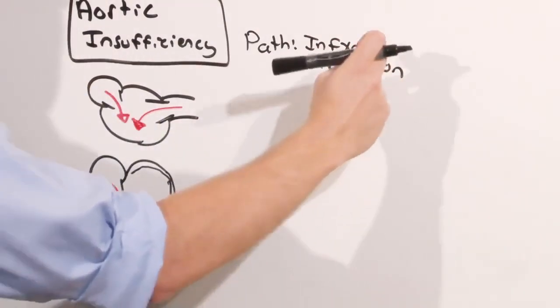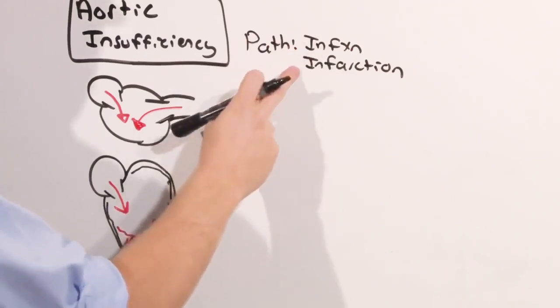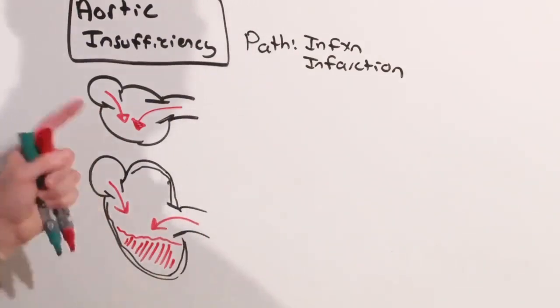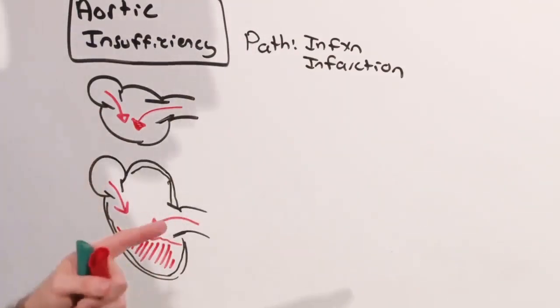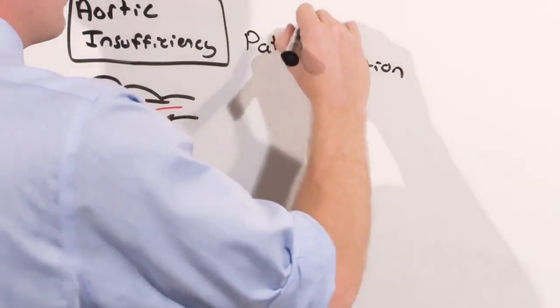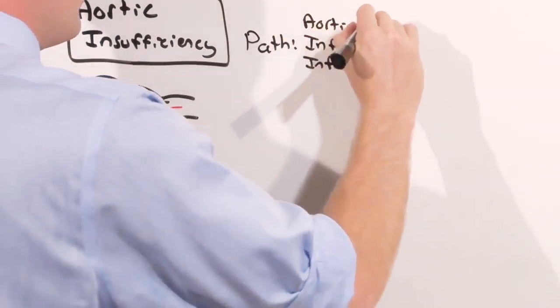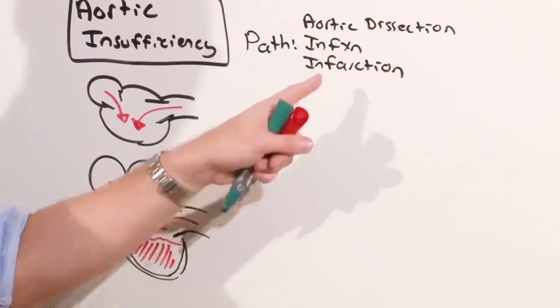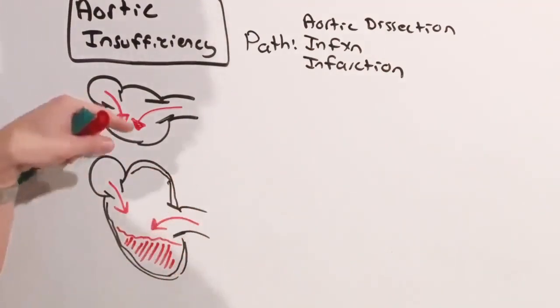You're either going to have endocarditis destroying the valve or an infarction tearing the valve itself or any of its muscular attachments. One other way that aortic insufficiency can happen is with an aortic dissection. It is a proximal dissection that kind of comes back down the aorta and rips open the aortic valve.